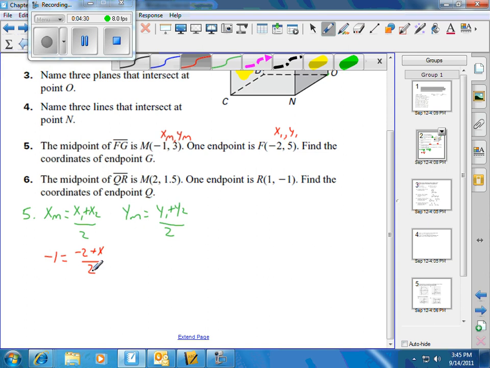The first thing is to get rid of this 2 that's dividing negative 2 plus x, so we do the opposite of dividing by 2: we multiply by 2. What we do to one side, we have to do to the other. So these 2's cancel each other out, and we're left with negative 1 is equal to negative 2 plus x. To get x by itself, we add 2 to each side, and I end up with x is equal to 1.